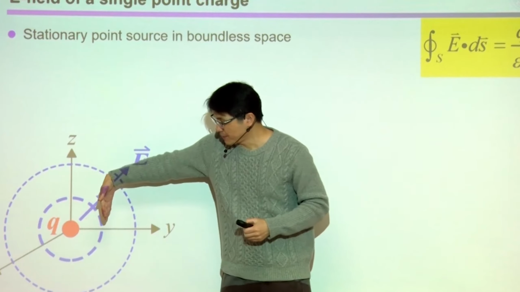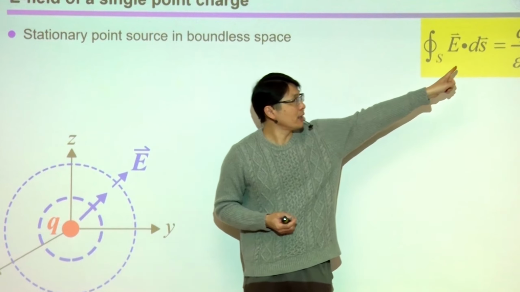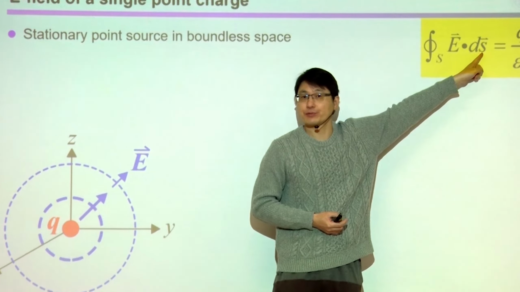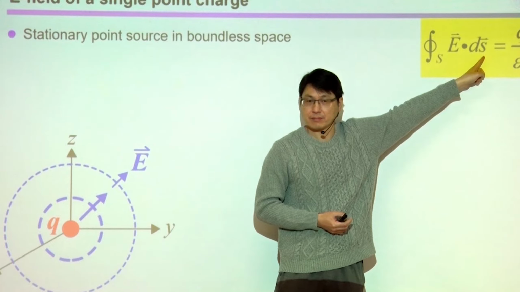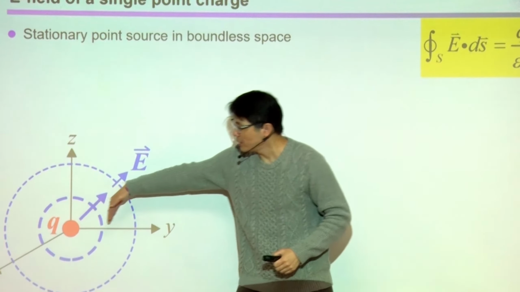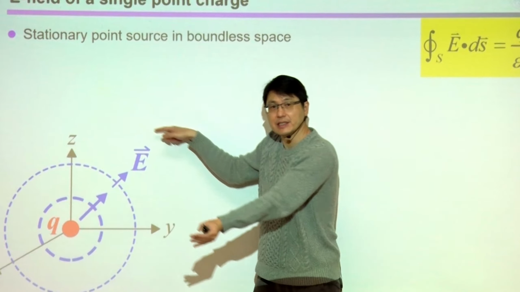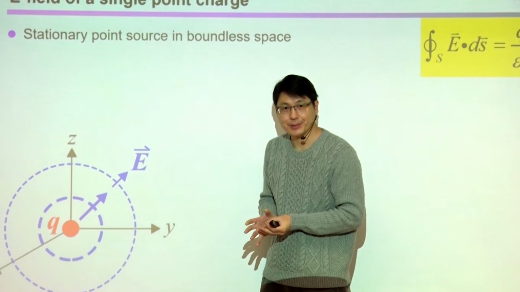The distance between me and the charge is described by this differential surface. Or in other words, when I'm away from the charge, the sphere is getting bigger, right?